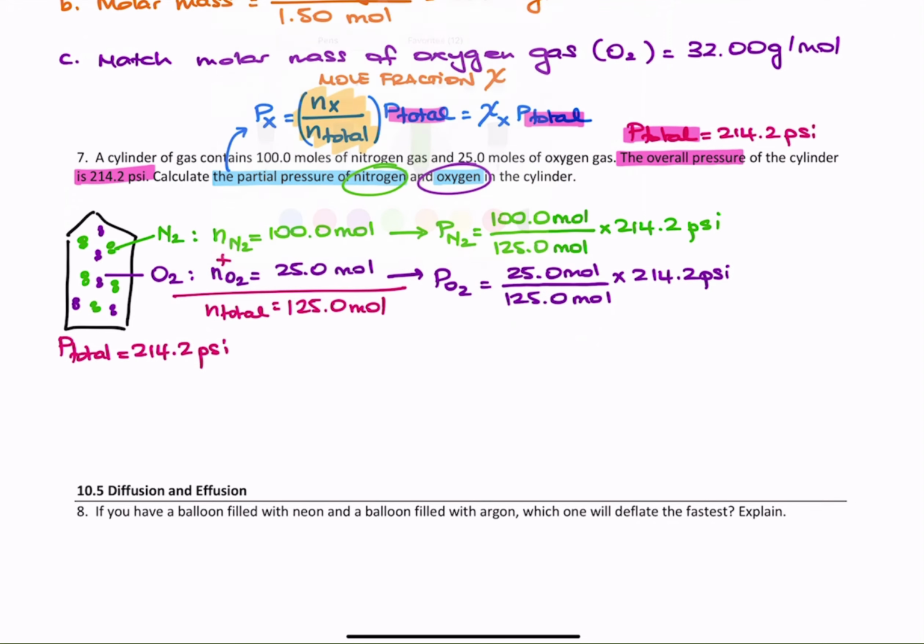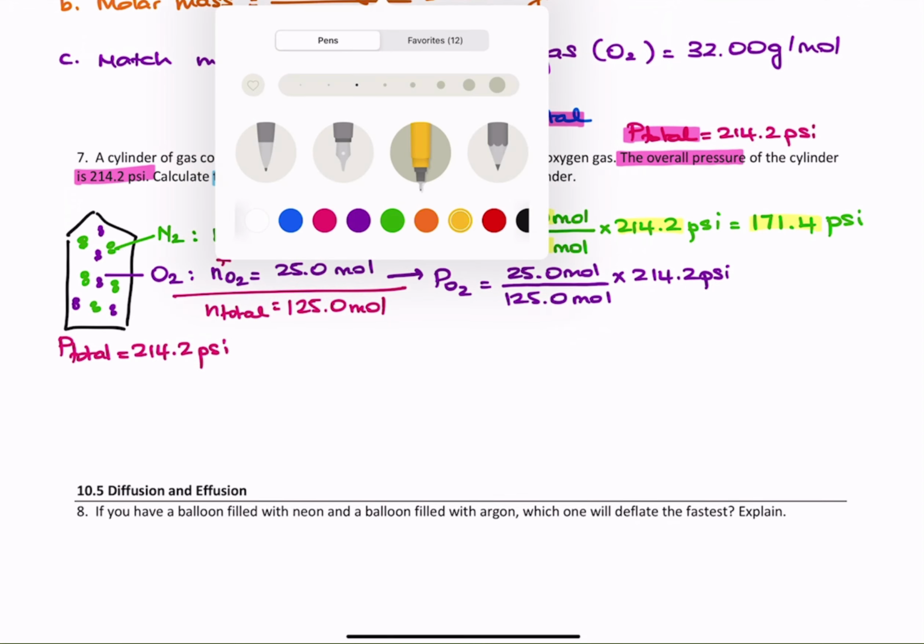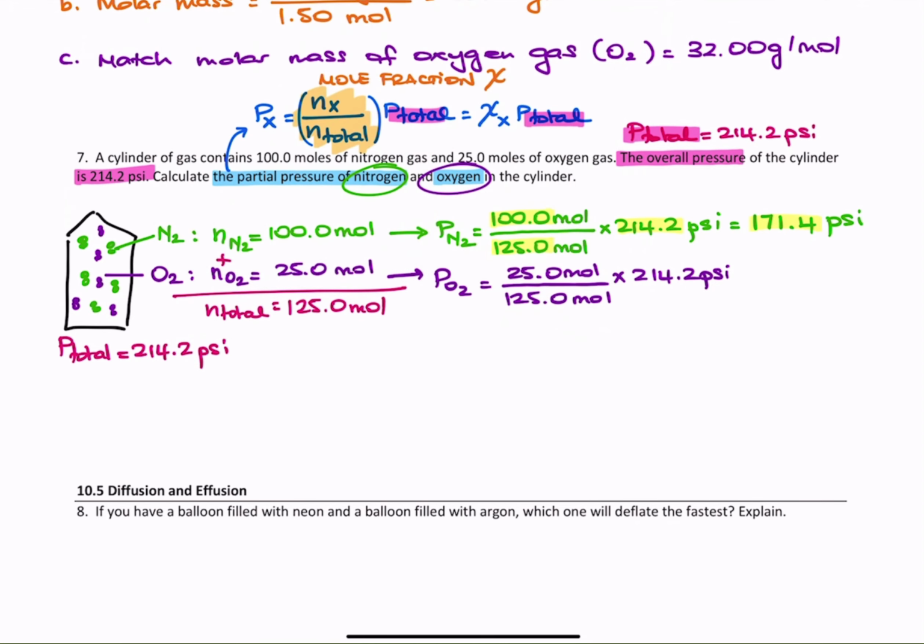Plug this into your calculator. The first one to 4 sig figs will actually be 171.4 psi. Why 4 sig figs? Because 214.2 has 4, so answer to 4 sig figs. For the partial pressure of O2, we get 3 sig figs, and the calculator gives you 42.8 psi.